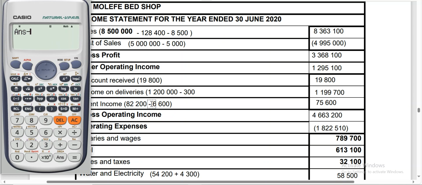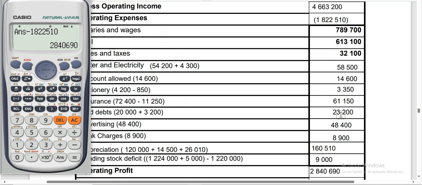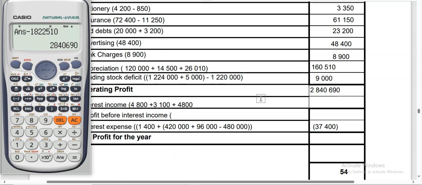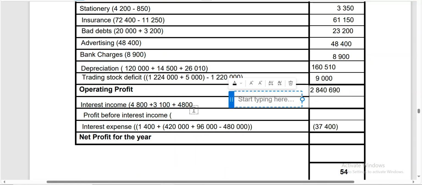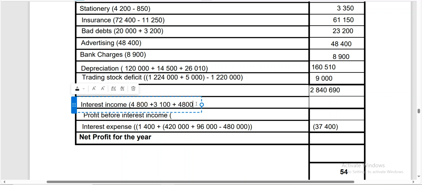If we take this answer and say minus 1,822,510, it is going to give us 2,840,690. So everything is fine. So let's add our, what do you call it, interest income.